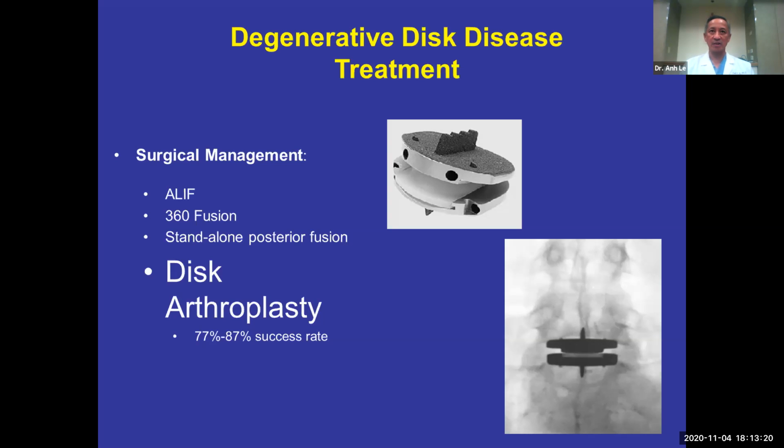So the concept of disc arthroplasty came about in the late 90s, and it was very exciting. We thought in the late 90s that it would be basically a paradigm shift in how we treat back pain. We thought that by the year 2010, fusion would be a thing of the past.